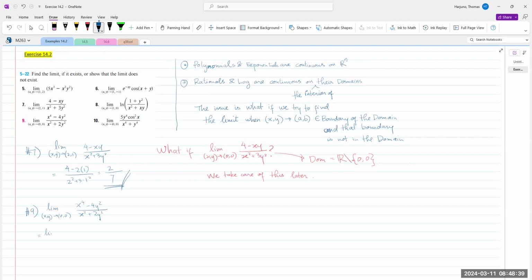In this case, I can factor the numerator: (x squared plus 2y)(x squared minus 2y) over (x squared plus 2y squared). It seems like it doesn't work. If only that were 4y to the 4th, then it would work very well. But it seems like we cannot cancel this. So what do we do?